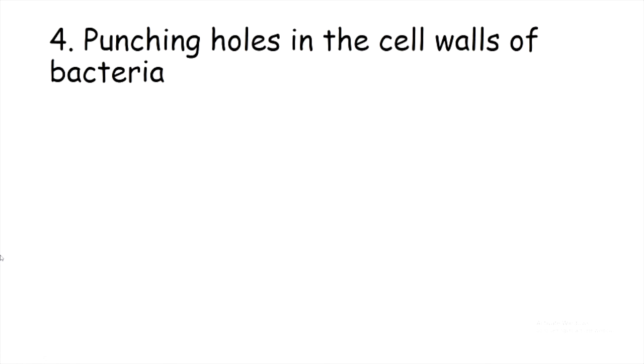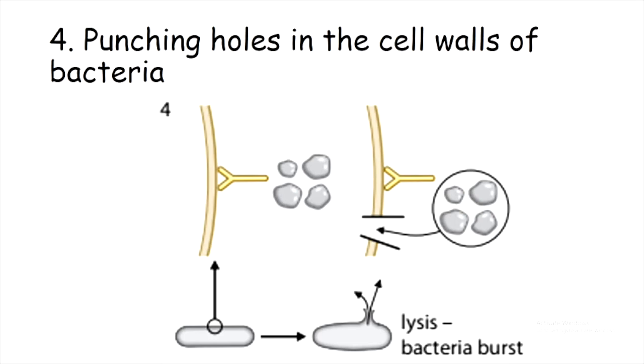The fourth kind of antibodies is probably the most straightforward kind, that is to punch holes into the cell walls of bacteria. Essentially, how it works is with the help of outside molecules, the antibody is able to create a small hole in the cell wall of the bacteria, causing it to burst due to the outward flow of osmosis due to the difference in water potential.